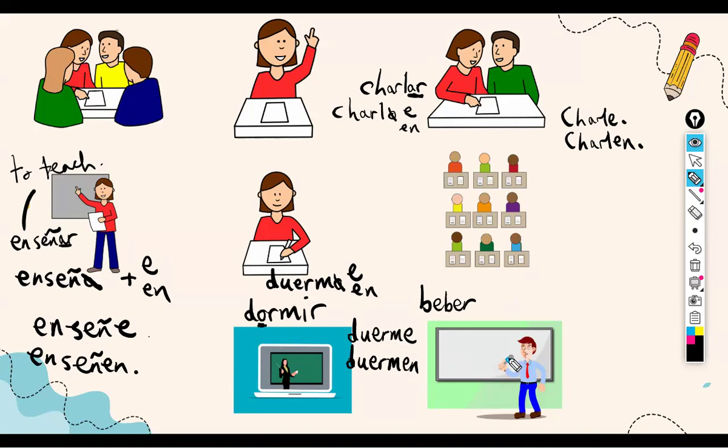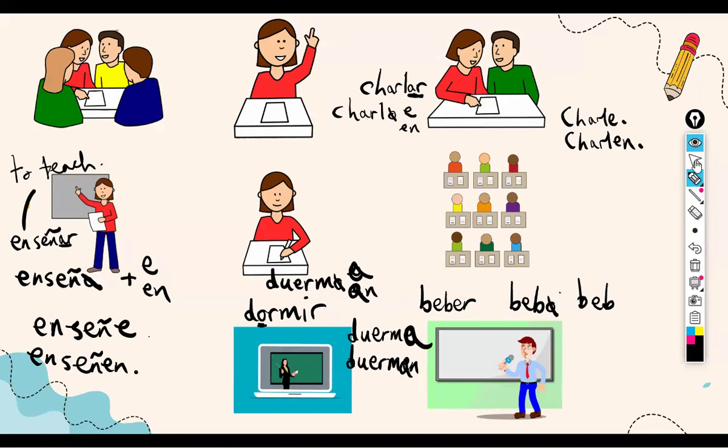All right, and this person on the microphone is saying drink. Maybe you have water, you say drink. So bebo, we take off the O and we add E and EN. So bebe. No, sorry, we add A. My God, same for dormir, guys. It comes duerma and duerman. We add A and we add AN. So we have to be careful, right?